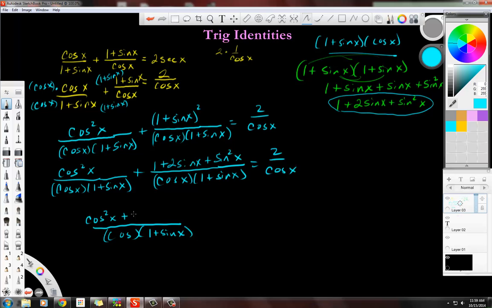I'm going to put the sine squared x right after that, so you can see that if I stop right there, that's 1 on top, right? Plus 1 plus, making a super equation here, plus 2 sine x. And all that equals 2 over cosine x. And we're almost done here. You just don't realize it yet.